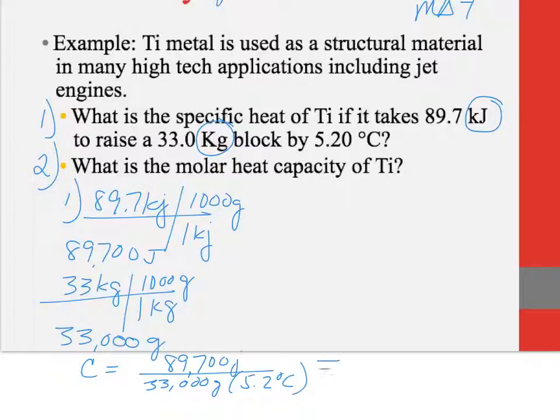When I do the math on all that, I get 0.523 joules per gram dot Celsius. So that's the first half.